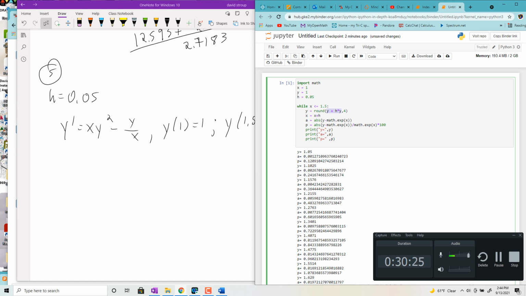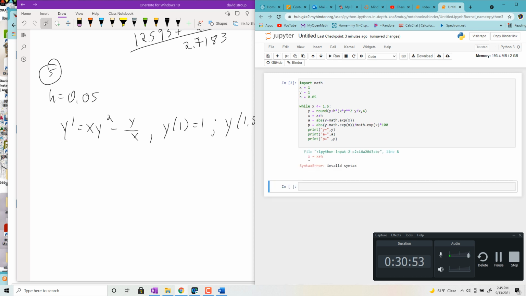So in this case, it's going to be y plus h times f of x, so it's x times y. For an exponent, you do a double star in this language, minus y divided by x. And I'm going to go to 4 decimals. Let's run it. Ooh, it didn't like it. For some reason I lost a parenthesis or something.